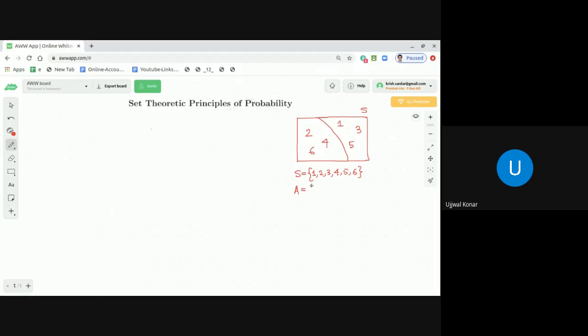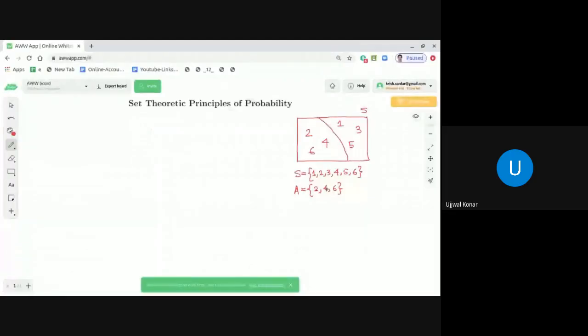So it says either 2 or 4 or 6 from the sample space set S. Similarly, we can get the set B, which is the complement of A with respect to the sample space S. That means getting an odd face, and it represents the set containing 3 elements, 1, 3, and 5. So, dear students, with this example, I wanted to tell you how you can represent an event in a set theoretic manner.